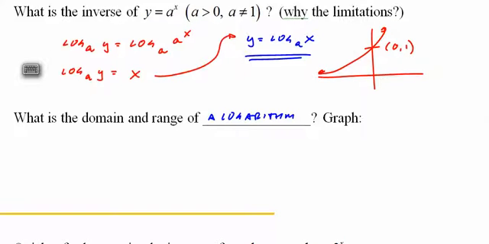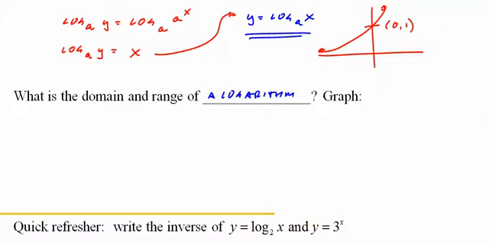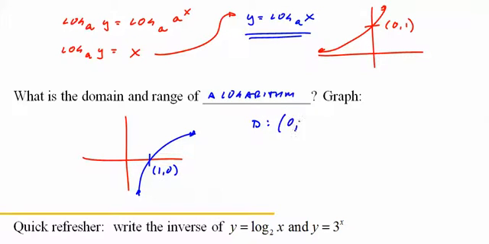If they're inverses, then we should get that flip across the y equals x line, something like this, and it hits here at 1, 0. So the domain is 0 to infinity, not including 0, and the range is all reals, which we write as negative infinity to infinity.